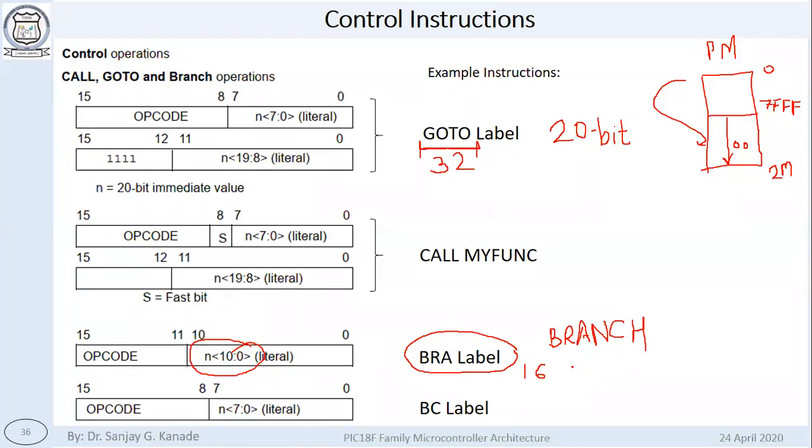When you grow your programs, you will have to take care that program memory is utilized very preciously, because program memory is limited and we cannot waste it if it is not required. We will see the exact differences between GOTO and branch when we actually talk about these instructions in the second unit.